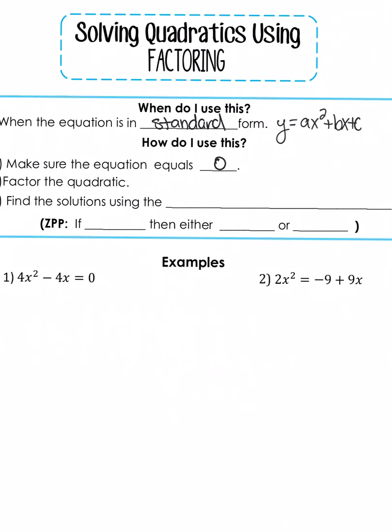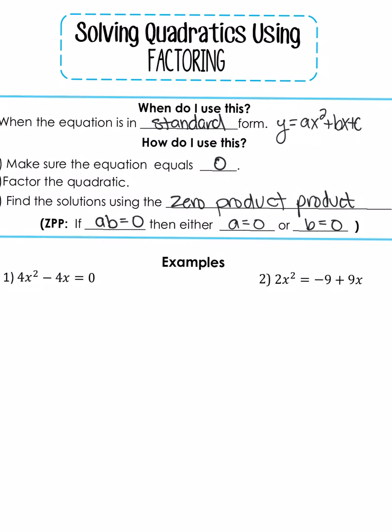And once we have that quadratic equation factored, we solve it using the zero product property. So the zero product property tells us that if I have two things being multiplied and they equal 0, so if I have a times b equals 0, well, then one of those things has to be 0.